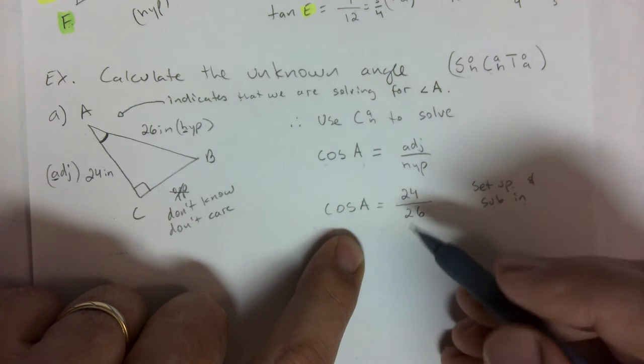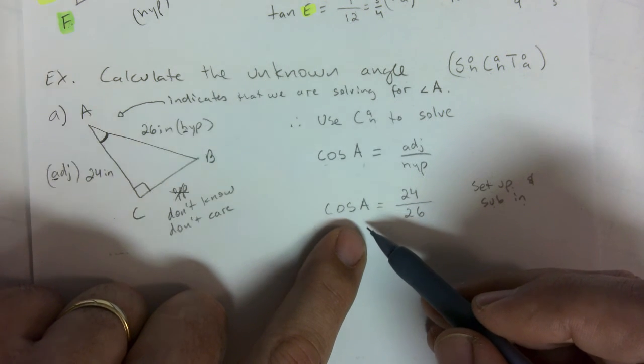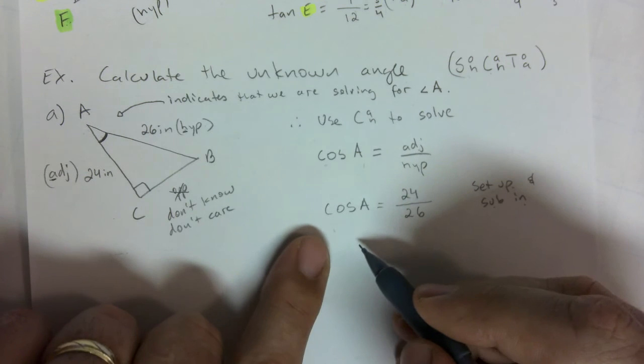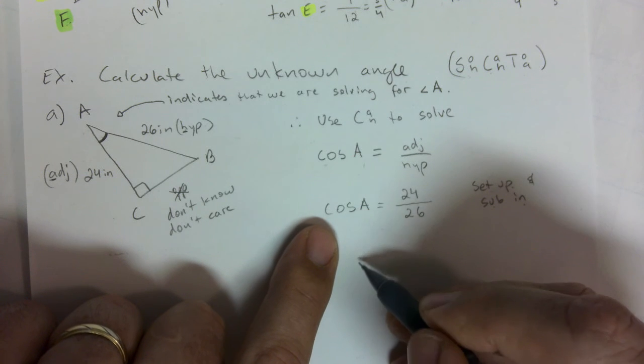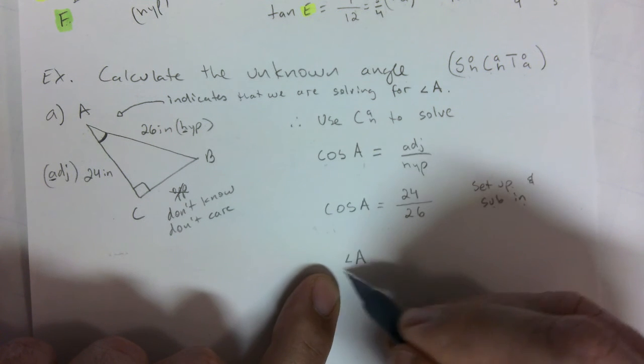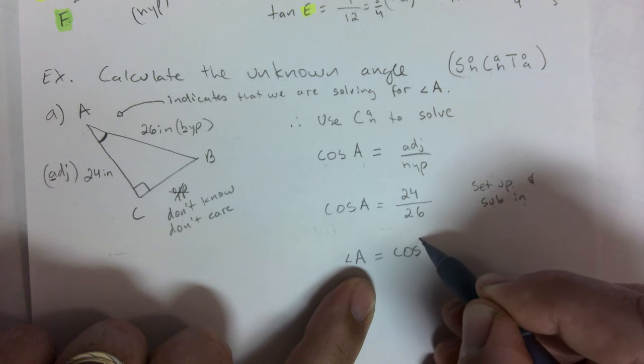Watch the next step. There's something we call an inverse operation. It's almost like when a number is multiplying, we divide both sides by it. This is what we do with sine, cosine, and tan. To find angle A, to have it all on its own without the cosine, we have to take what we call the inverse.